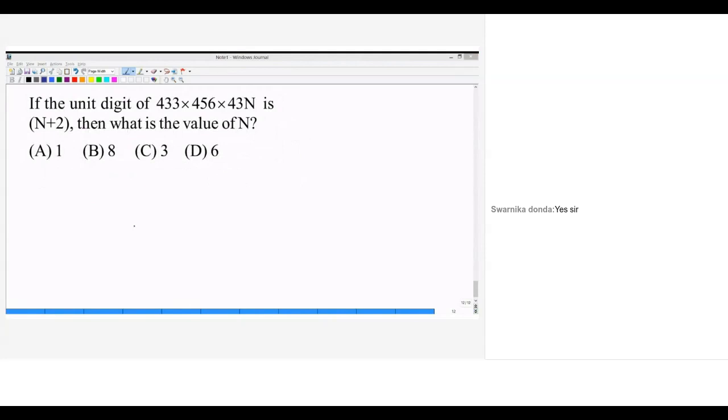Rest of you can just try. Just a second. I see Vijaya answered it correct. And Swarnika is also yes.